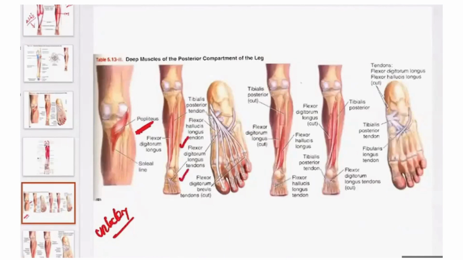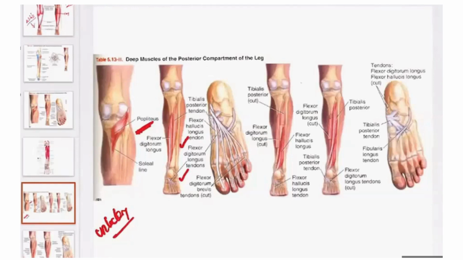But you see, these tendons are going towards the plantar surface of the foot. The extensor retinaculum is on the dorsum, but these go deep to the plantar region. It is present deep to the plantar aponeurosis on the plantar surface.